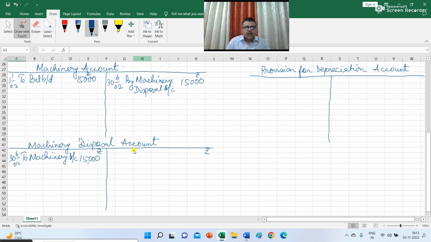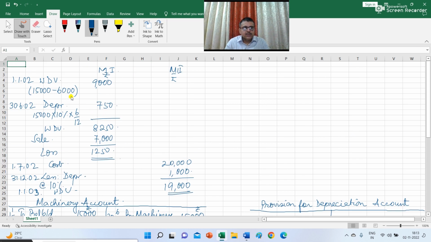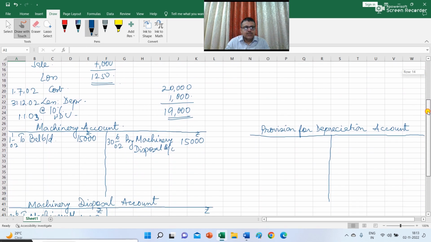So what was the amount of provision for depreciation? It was 6,000 plus 750. This is the amount of depreciation that was charged on the machinery that was disposed of.